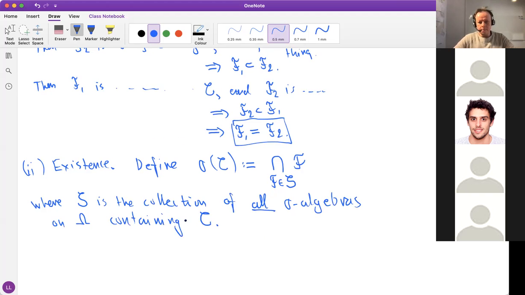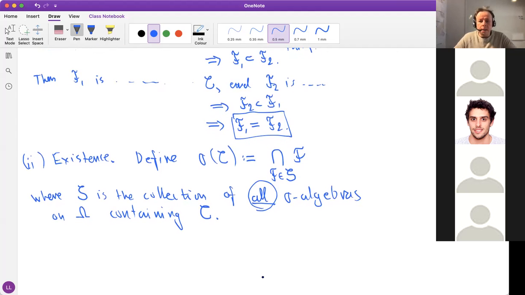Taking all the sigma algebras sounds quite ambitious, because we know that there are uncountably many collections here, essentially whenever this omega is not finite.